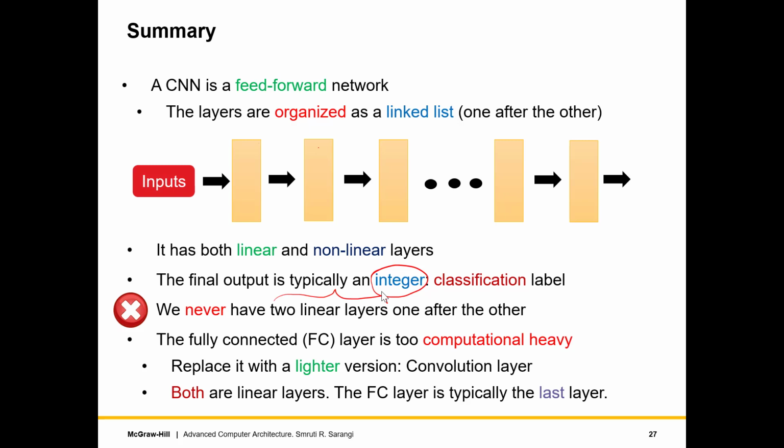The fully connected FC layer is quite computationally heavy. All right, so that we have discussed. That is heavy because the number of weights has to be equal to the size of the input. And also, the other reason is that just training the neural network to find all of these inputs such that the error is minimized is also a big task.